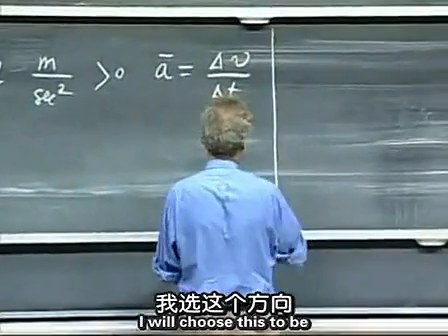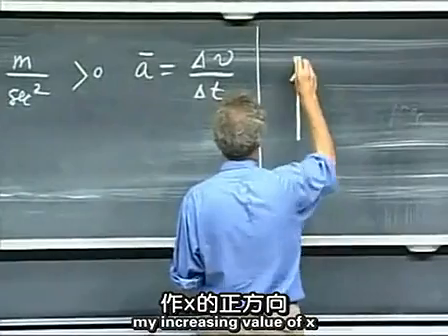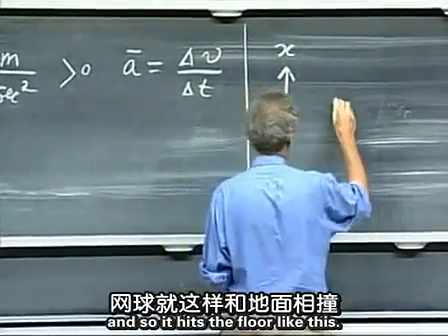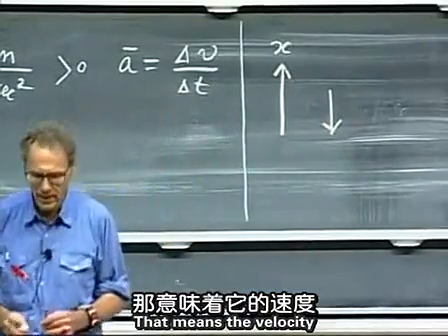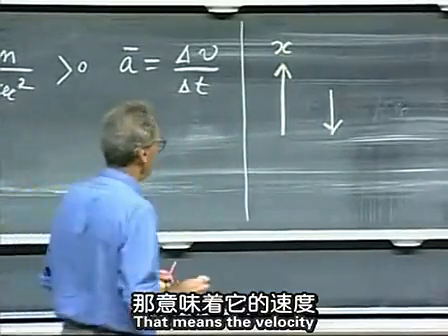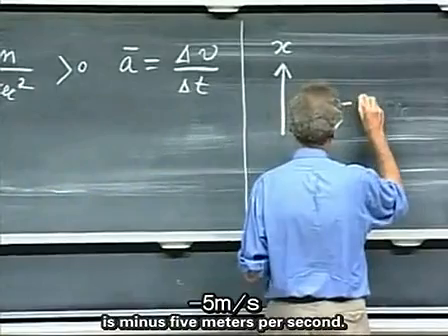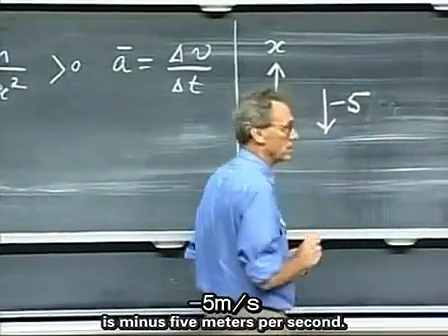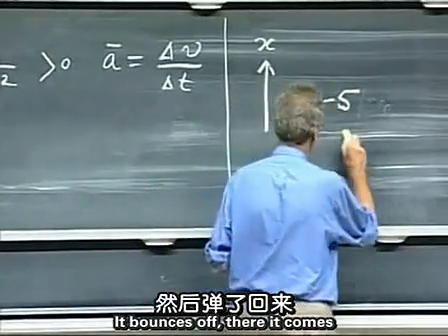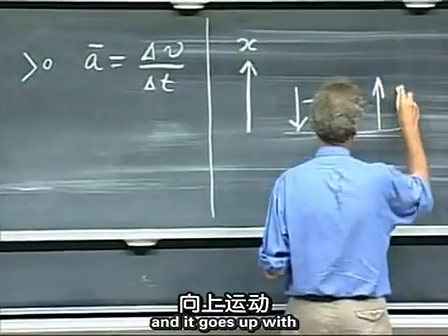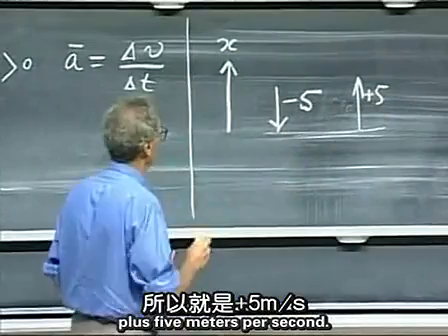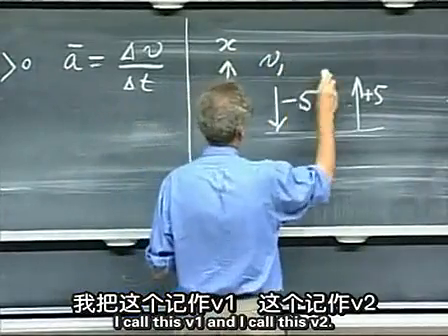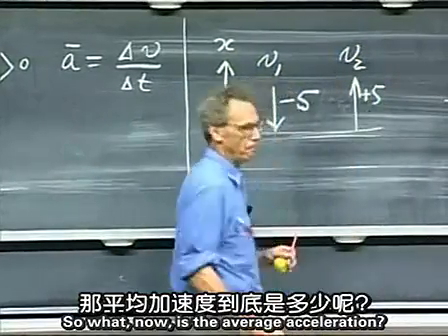I will choose this to be my increasing value of x, and so it hits the floor like this. That means the velocity at which it hits the floor is minus 5 meters per second. It bounces off, and there it comes, and it goes up with plus 5 meters per second. I call this V1, and I call this V2.